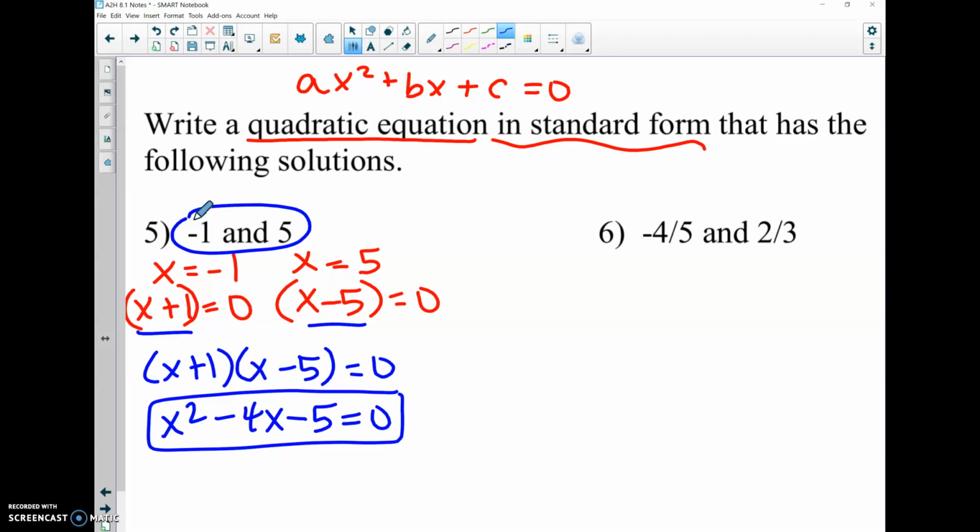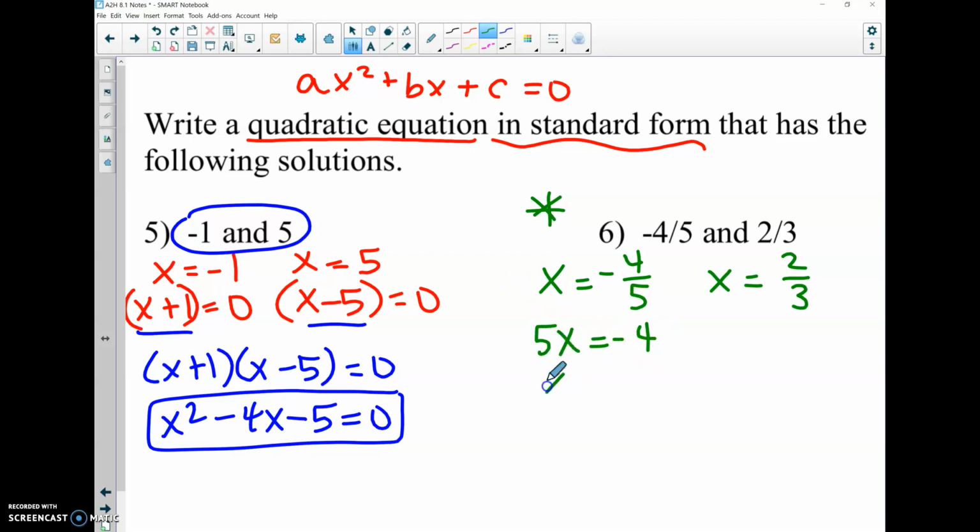Number 6, a little bit more challenging because they're fractions. So if you have negative 4/5 or 2/3 as your solutions, the first step you need to do, please make sure you take note of this, is get rid of the denominator. So multiply both sides by 5 here, so 5x equals negative 4. So your one factor will be 5x plus 4.